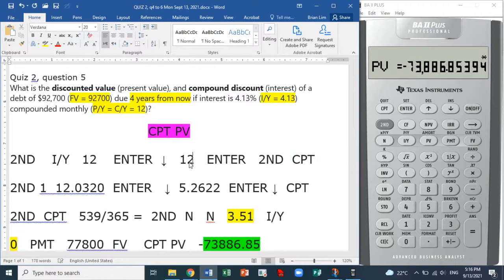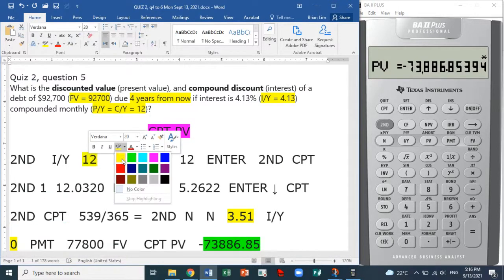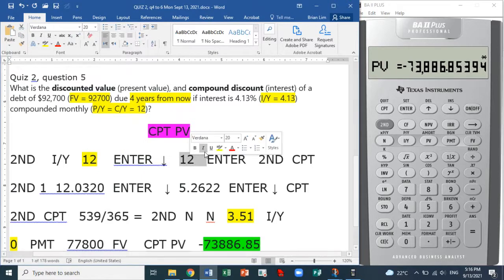This here will be 12. All right, so let's highlight them. So that's 12, that is 12. Very important for us. Enter second CPT. Now we don't have to worry about days, and this is 4 years from now, so we don't have to worry about the second one anymore.